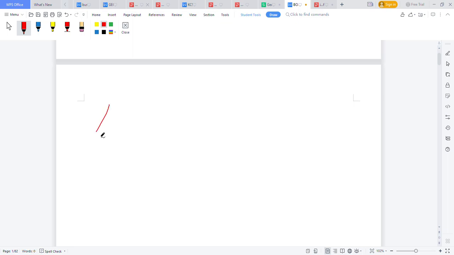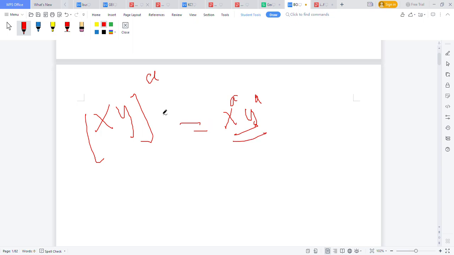If you have x, then you have y here, then all of this is raised to a particular power of a. This means that x was raised to power a, then y was also raised to power a. This is what this particular law means.